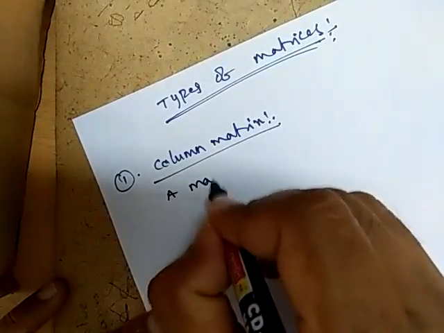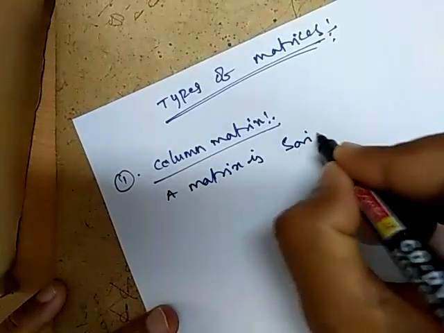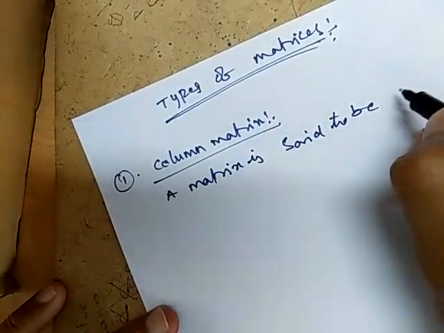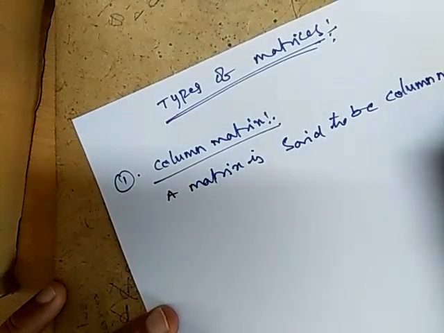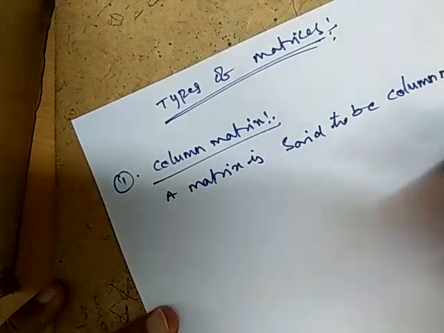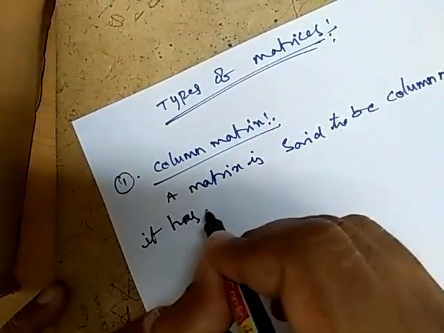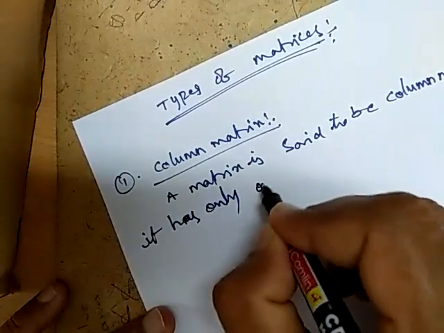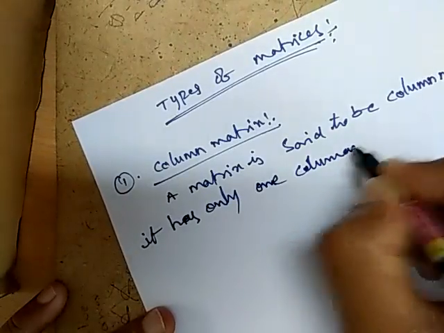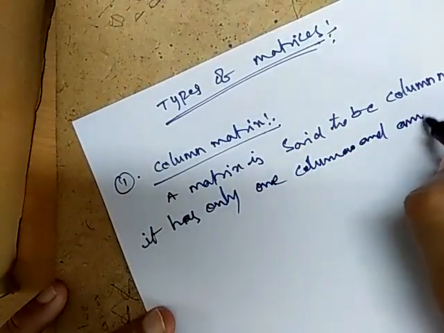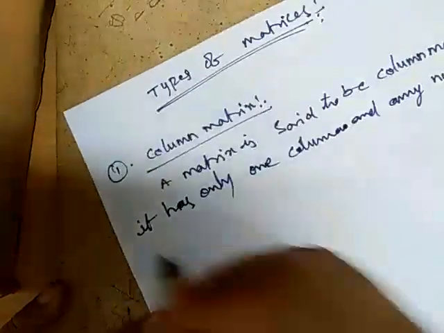A matrix is said to be a column matrix if it has only one column and any number of rows.